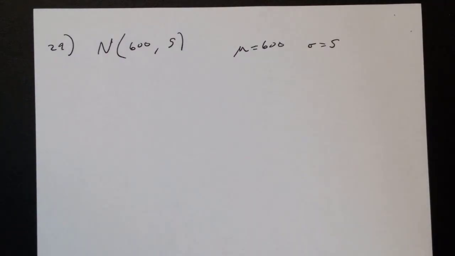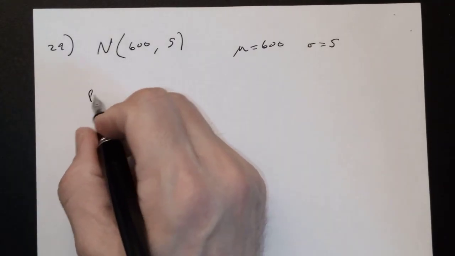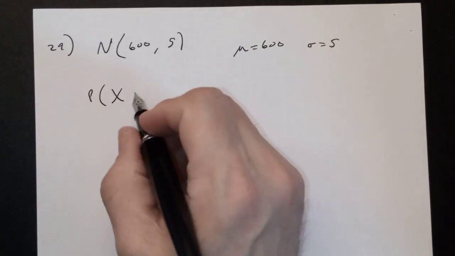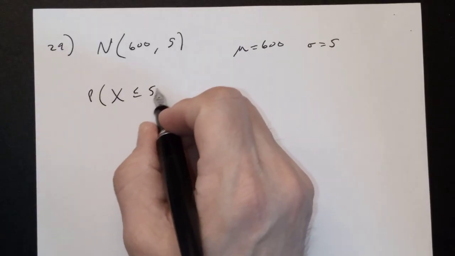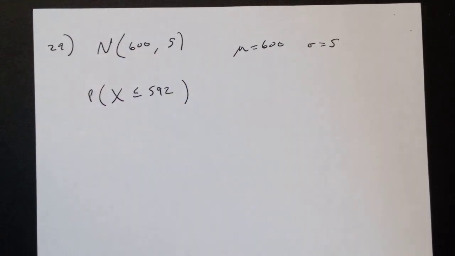Now, what's the chance you pick a bottle at random, and that bottle has less than 592 milliliters in it.